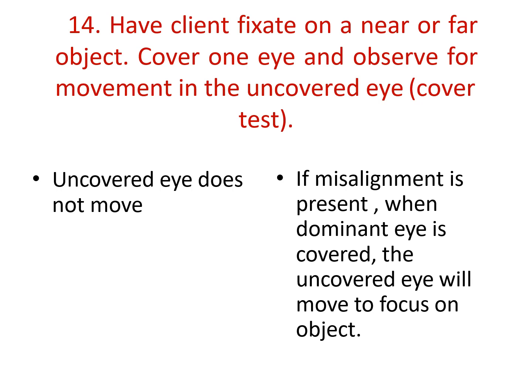So, the normal finding is that the covered eye, either left or right side, should not move, meaning it should stay in place. An abnormal finding is if there's presence of misalignment when the dominant eye is covered. The uncovered eye will usually move to focus on a specific object.